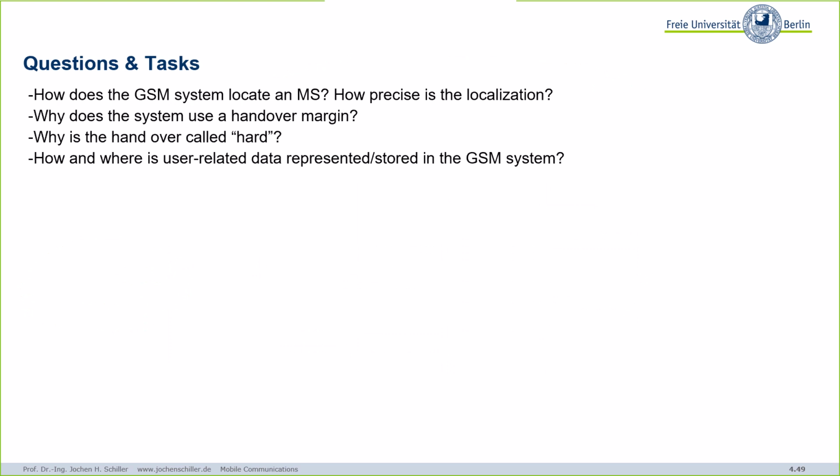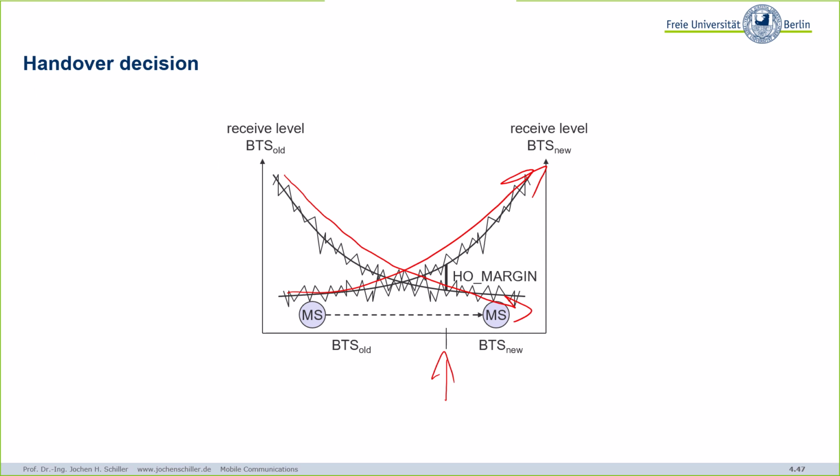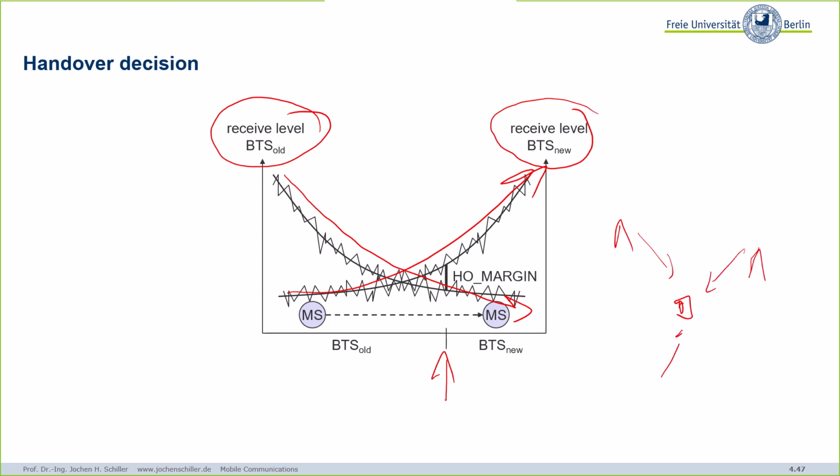Some questions to this. So here again, just to remind you how we covered this already, how the localization works, because after this section you understand this. We don't have to go into this again. You understand this measurement. So once more, localization is based on the received signal strength. The mobile phone always measures signal strength to different base stations and reports the signal strength to the base station it is attached to.